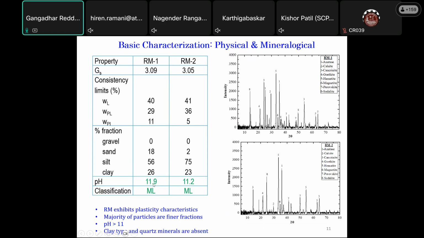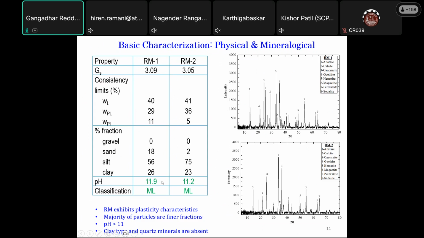Again, what I want to emphasize is that it depends on the time of sample collection, how much time the samples are exposed to the atmosphere. If you collect a fresh sample, obviously the pH of red mud will be more than 12.5 to 13. There is something called the carbonation effect: if the soils are more exposed to the atmosphere, the carbon dioxide present in the atmosphere reduces the pH.